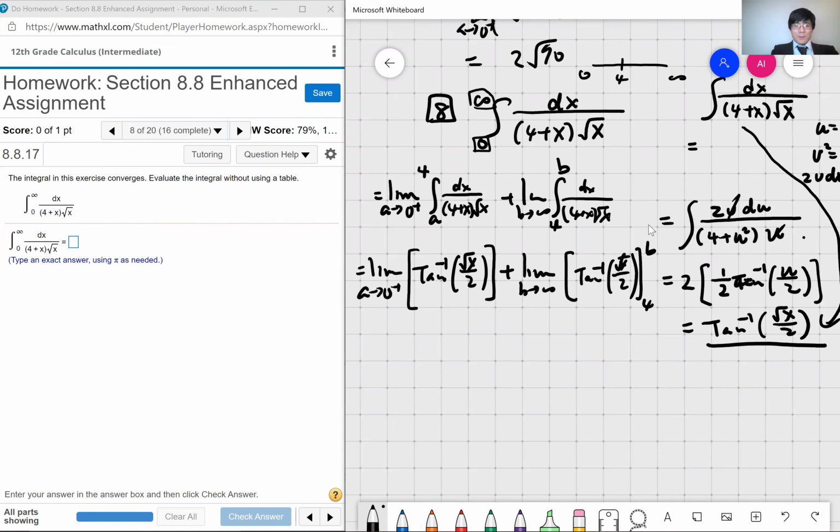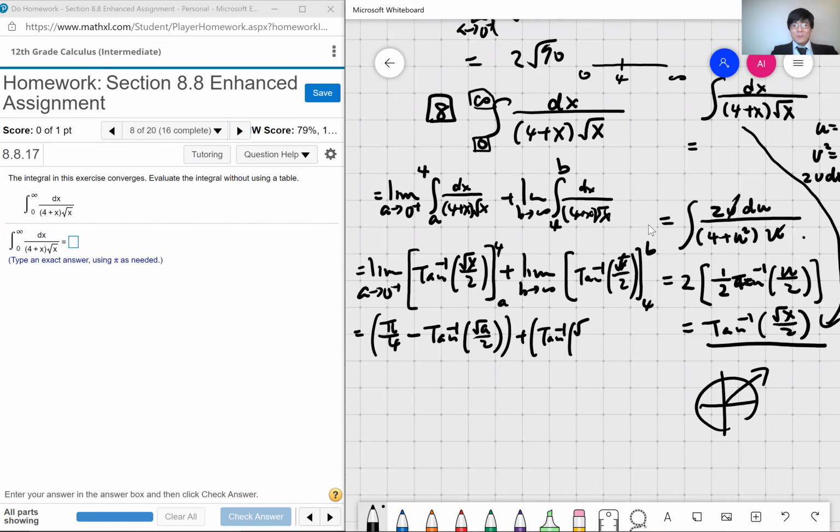So when you plug in 4, it's going to become arctangent of 1. So it's going to be pi over 4. Remember, tangent becomes 1 at 45 degrees. So pi over 4 minus arctangent of square root of a over 2, plus arctangent of square root of b over 2 minus pi over 4.